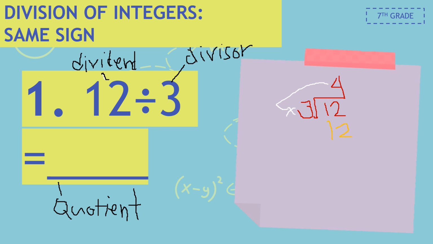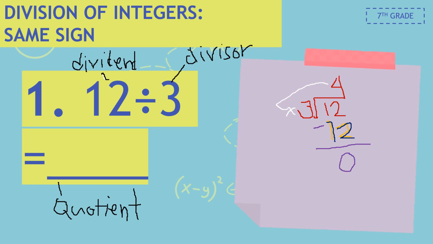Palitan natin nga ng kulay. Again, 4 times 3 is equals to 12. After you multiply the quotient to the divisor, then you're going to minus the two numbers. So 12 minus 12 is equals to 0.